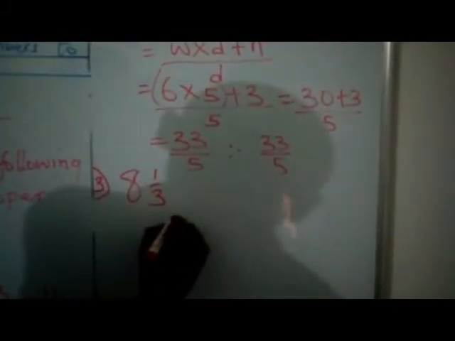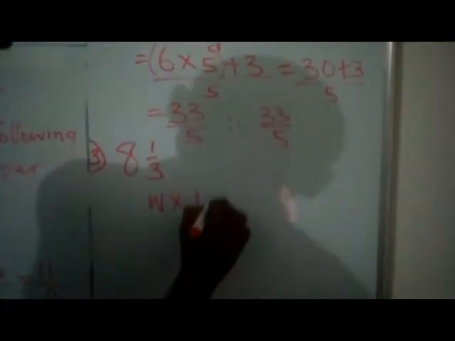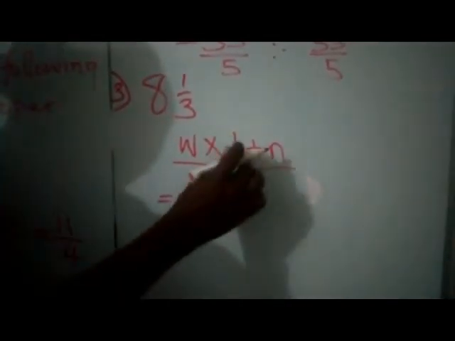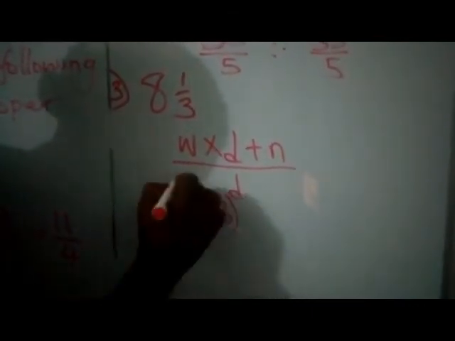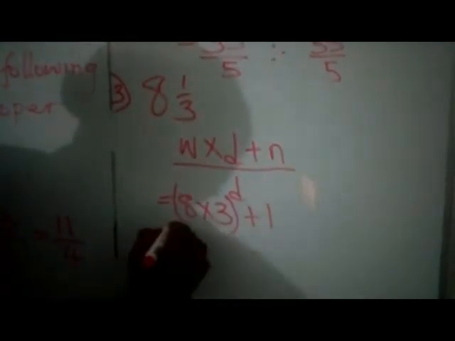Write out your formula: your whole number multiplied by your denominator plus your numerator, everything over your denominator. The value of our whole number is 8, multiplied by our denominator, 3. You can group them together, plus our numerator, 1, everything over our denominator, 3.